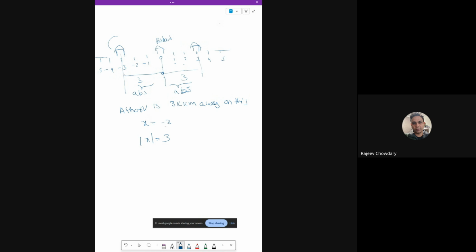The point could still be here. Athar's house still could be on -3. That is where we found his house. But the moment I say mod x, what does that mean? Either way, the absolute value or the distance from 0 is 3. Okay, cool.